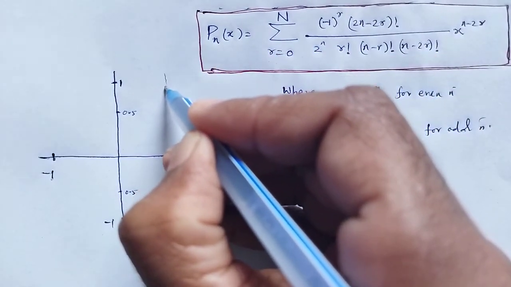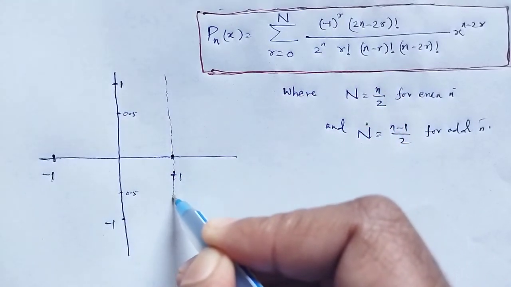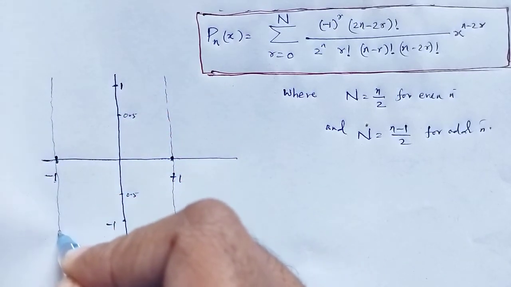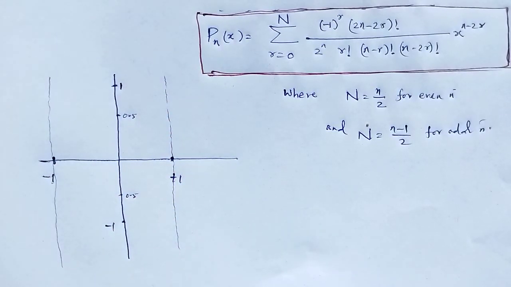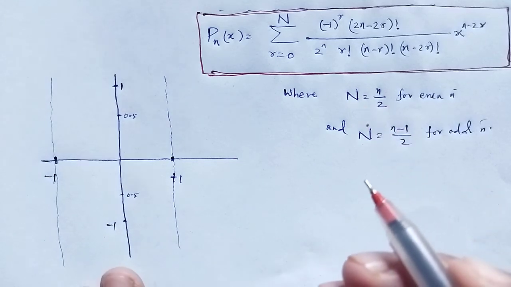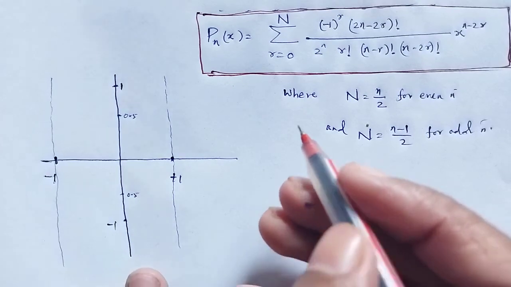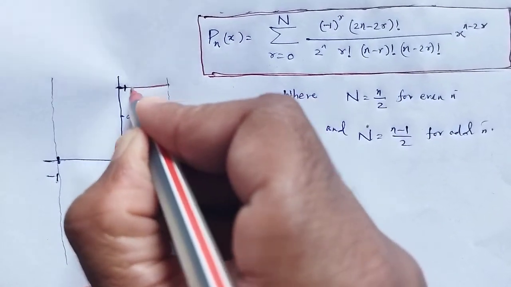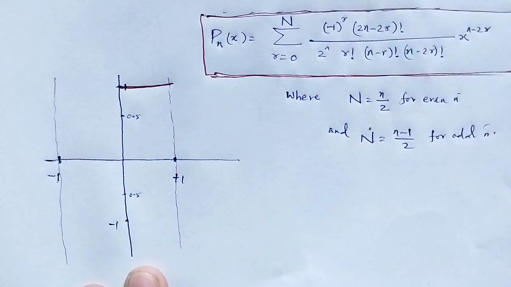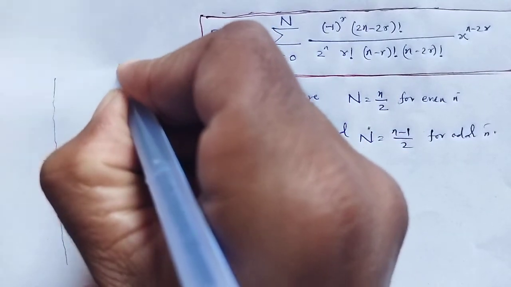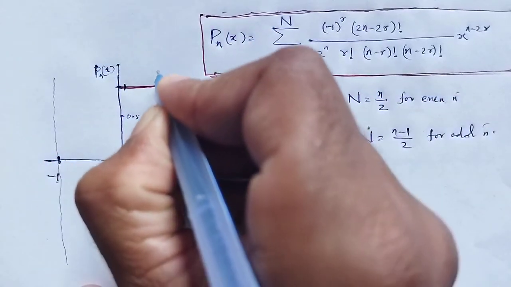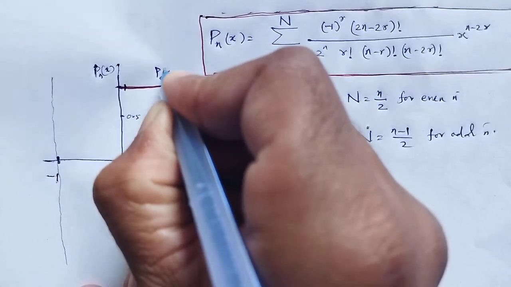Let me show how to draw the graph of the Legendre polynomials. Look here, for P naught x, that is 1, that is the line P naught x.